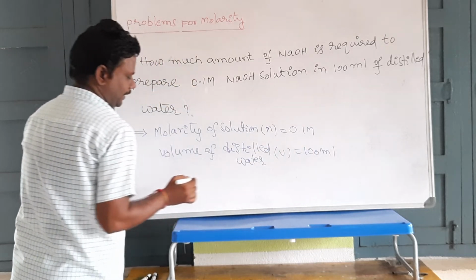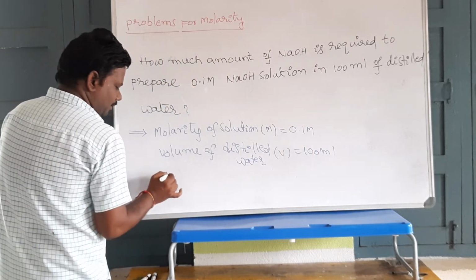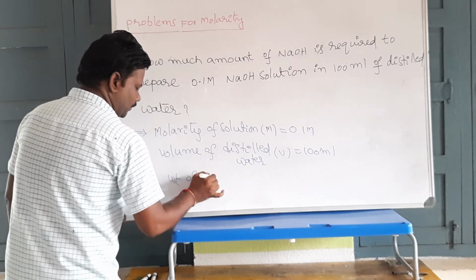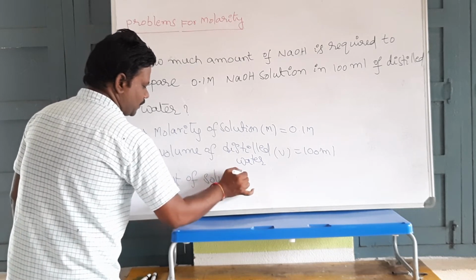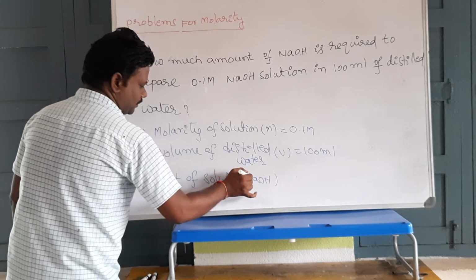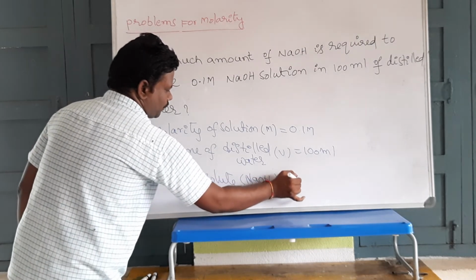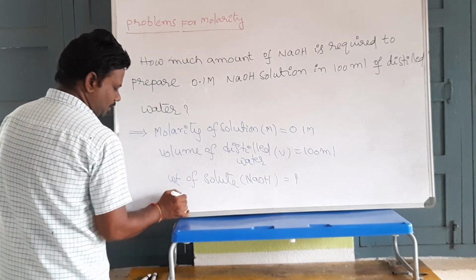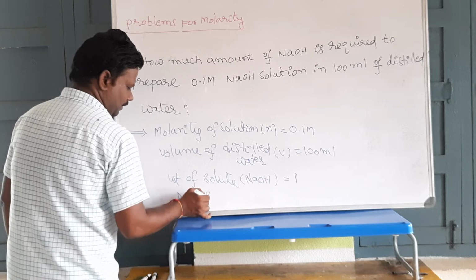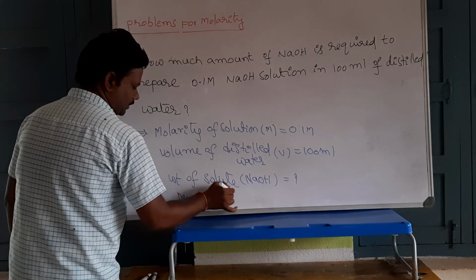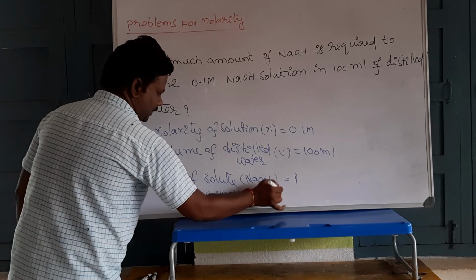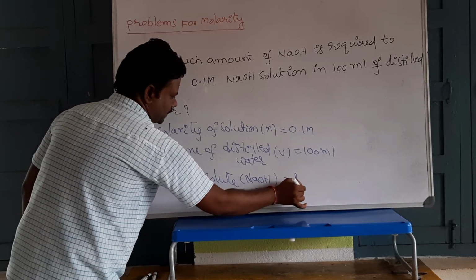Next, the weight of solute, which here is NaOH. Weight of NaOH is the question mark. Molecular weight of NaOH is equal to 23 plus 16 plus 1, that is 40.